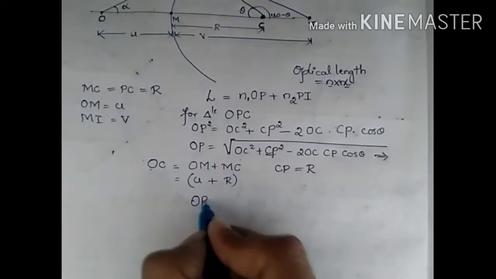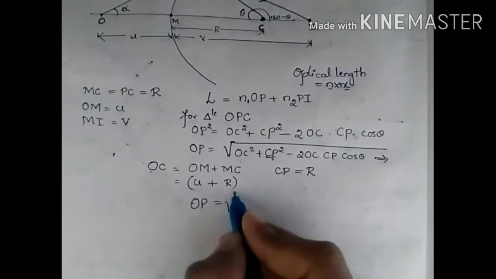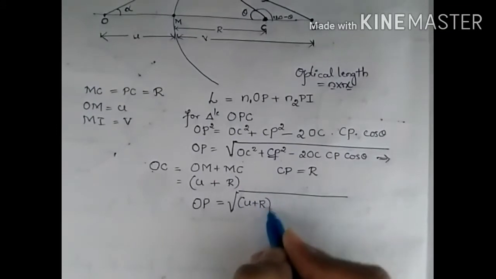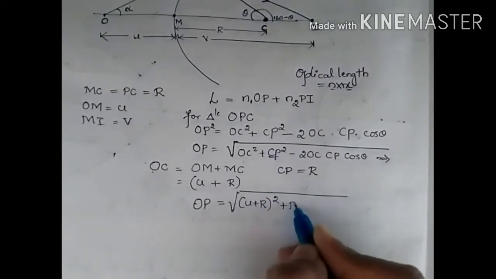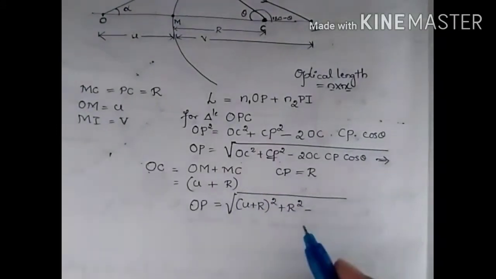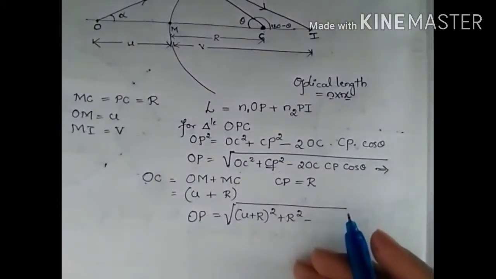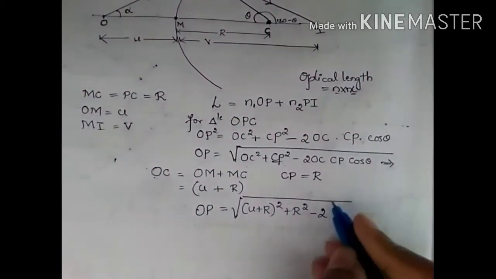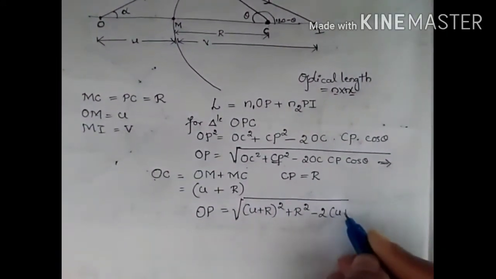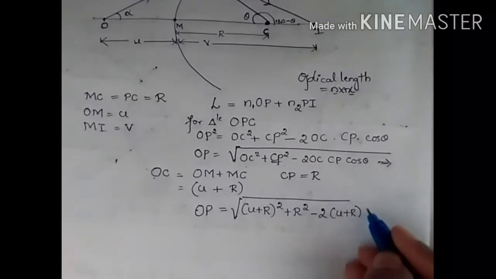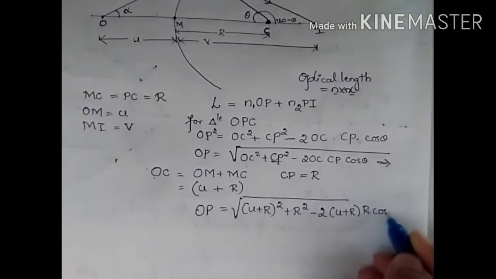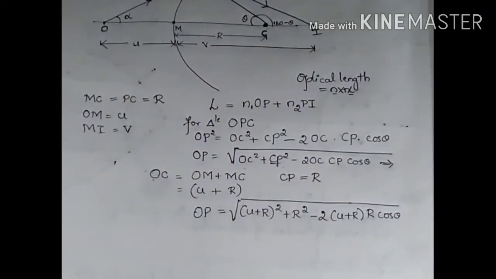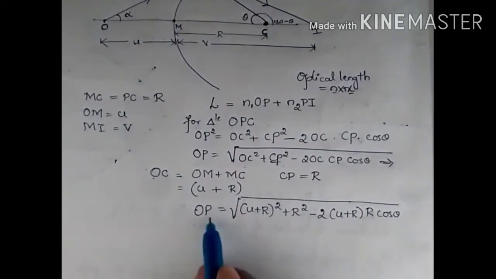OP will be equal to root over U plus R whole square plus R square minus 2 times OC, which is again U plus R, times CP, which is R, cos theta. So this is the value that you got for OP.